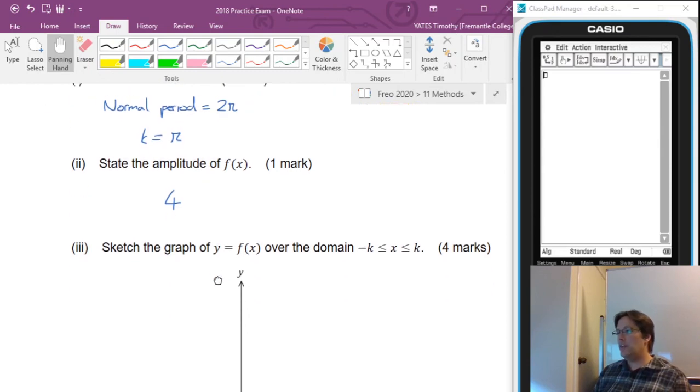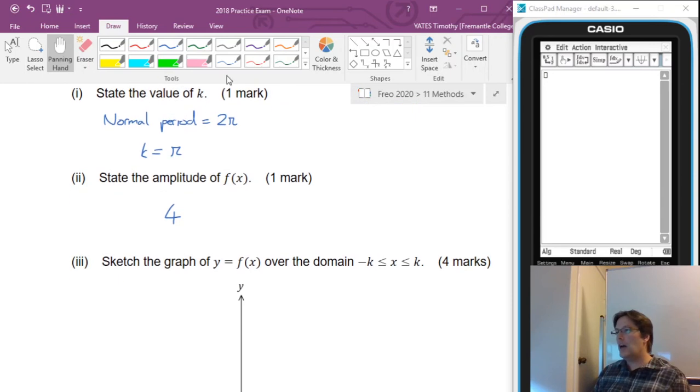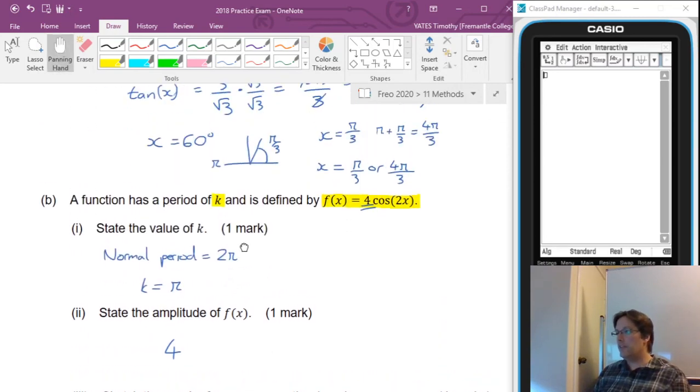So let's have a look here. We're doing from negative k through to k. It's cosine, so it's going to start at 4. We want to label that as negative pi, this as pi. What will we expect it to do?